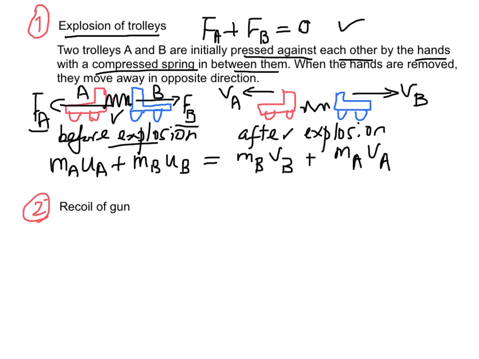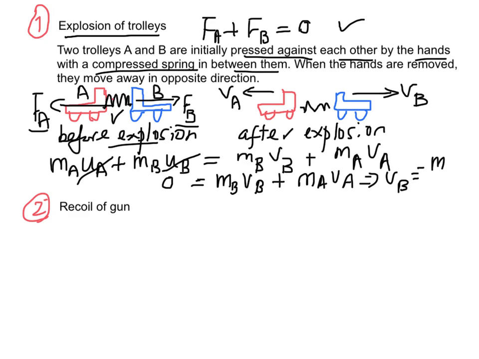Since the trolleys are initially at rest, therefore ua and ub both equal 0. We have 0 equal to mb vb plus ma va. That means VB equal to negative MA over MB times VA.